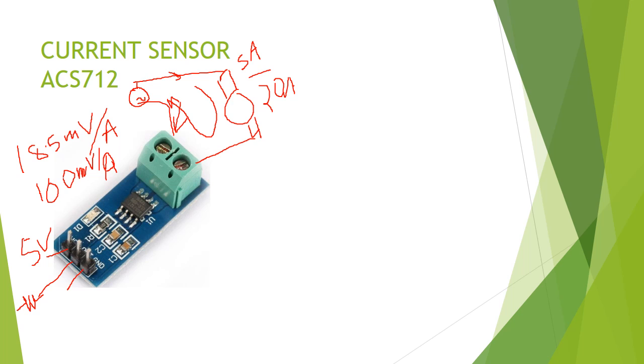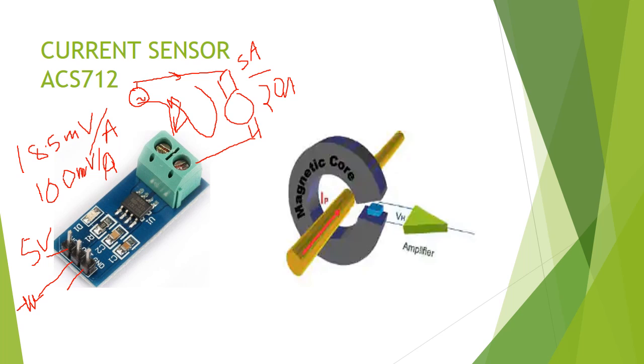Okay, now next, this is the function. As you can see here, this is the magnetic core and this is the current flowing here. Now this is the 5 ampere current that is going on. This magnetic core will have a constant magnetic force, which does not change.